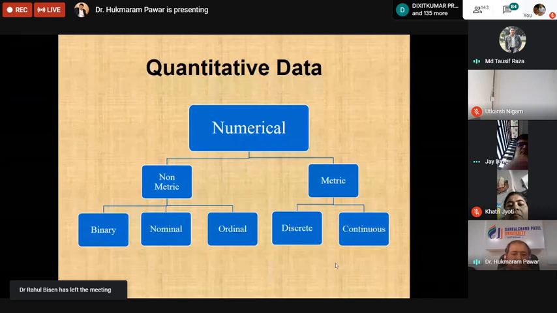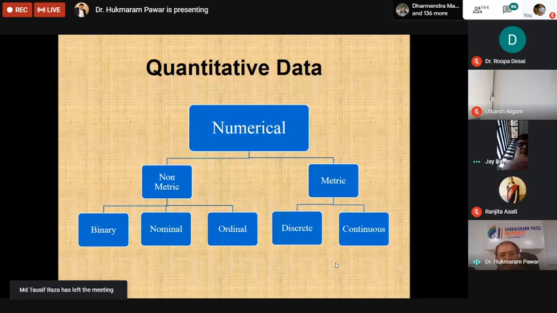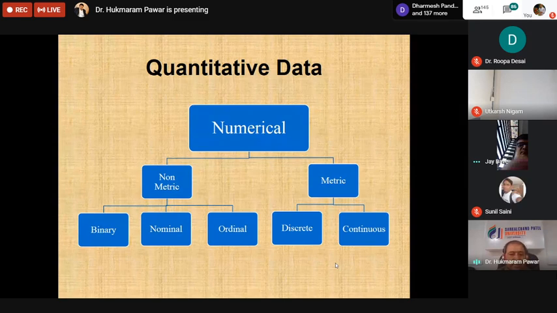For statistical purposes, it is necessary to assign the numbers. Actually the information is qualitative, but qualitative information cannot be measured directly. That's why it is required to assign numbers, and that assignment of numbers is called scaling and measurement, which we will discuss later on.